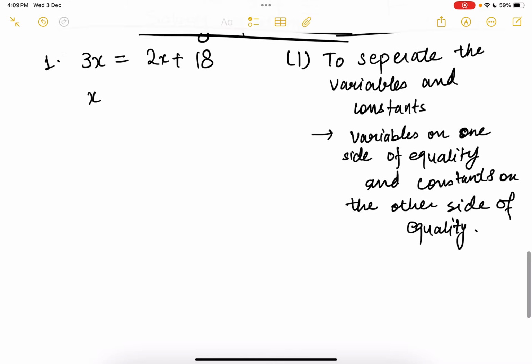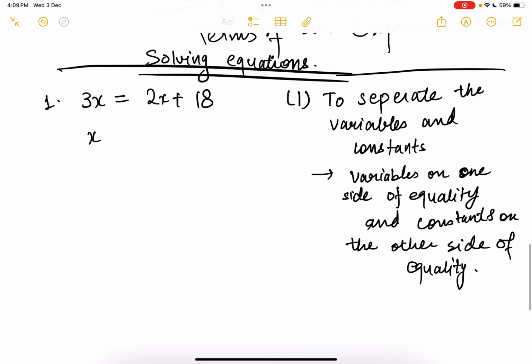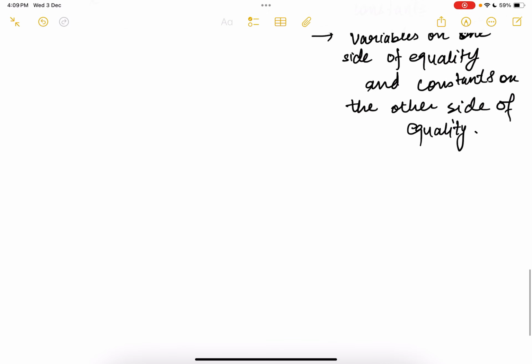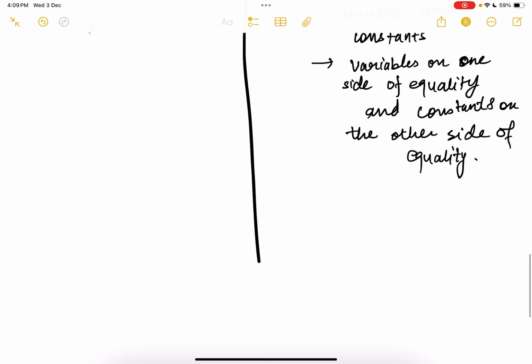Now I'll also tell you the basic rules before I do this. The basic rules you already actually know, I guess, but if you don't know, I'll just tell you.